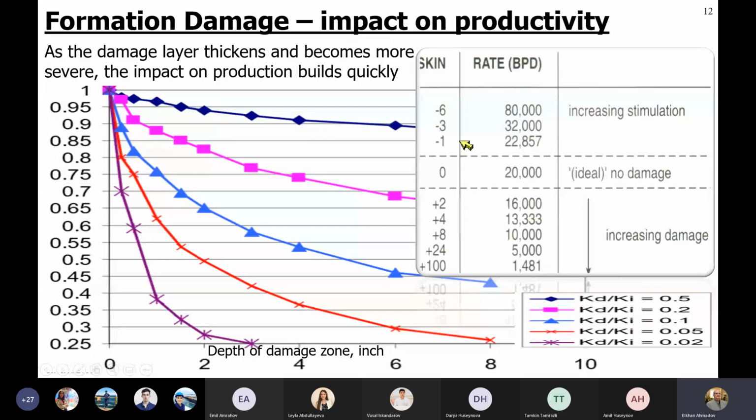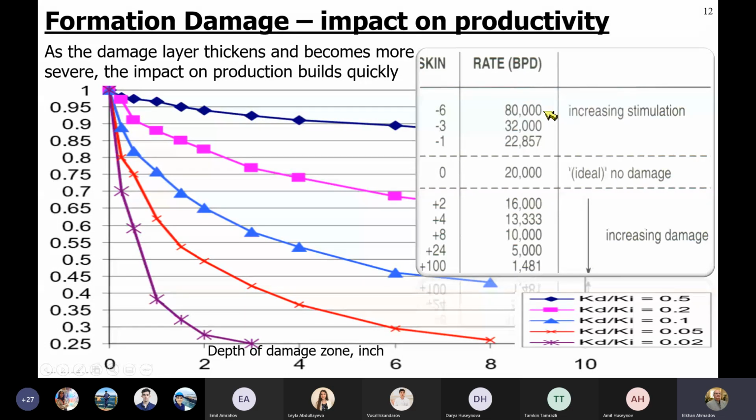This negative skin will affect the productivity: if we get, for example, -6 skin, then we may get 80,000 barrels per day, so increasing the productivity.